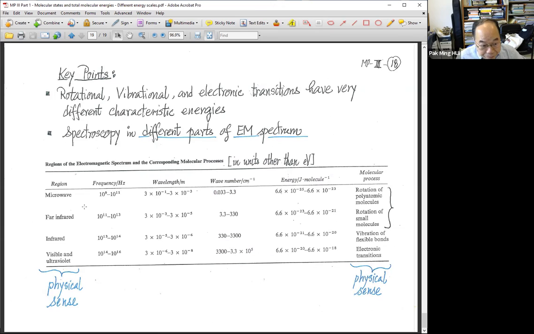So microwave, that will be the rotational spectrum. It is in this range, terahertz or slightly lower. Terahertz is now very popular in different research areas. And then the wave number: you know, the microwave oven you put in your kitchen, it's that big, so the wavelength is about that big. Makes sense, huh?